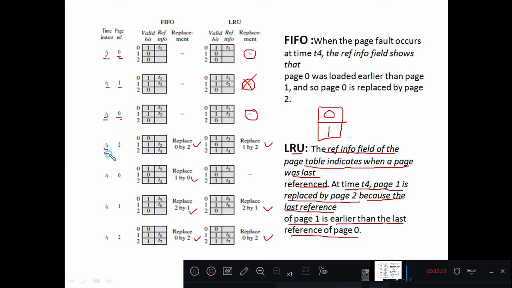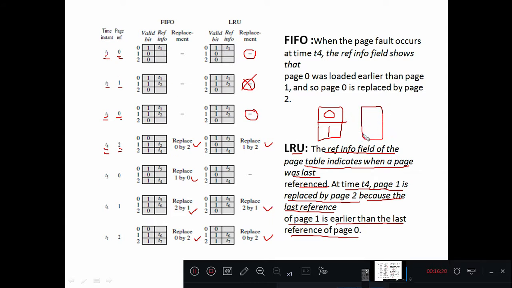At time t4, at this point you see 2. The central processor is going to look for page 2, but page 2 is not there in the main memory, right? So which page is going to be replaced now? The less recently used or less frequently used. Which is less frequently used? Here we are using 0, next we are using 1, again we are using 0. That means 0 is more frequently used, 1 is less frequently used, right?